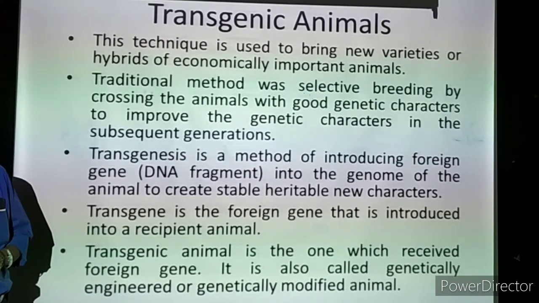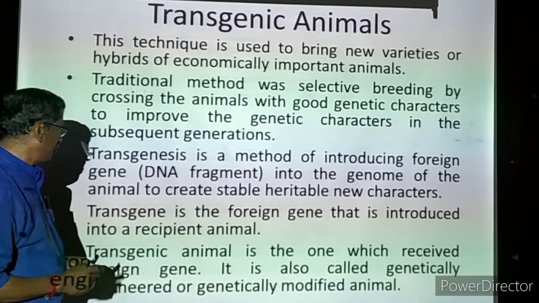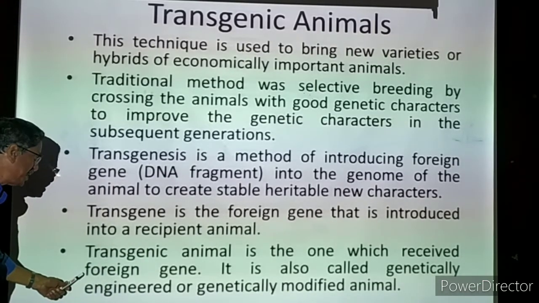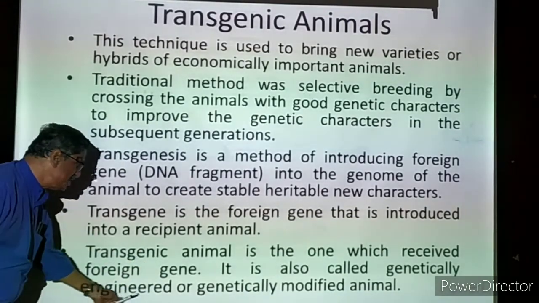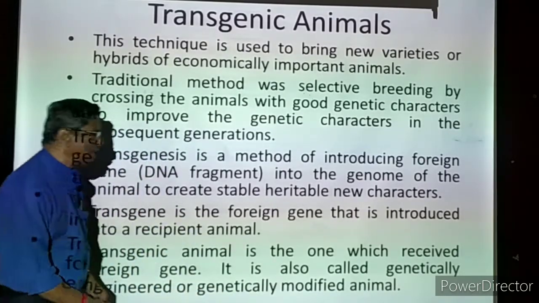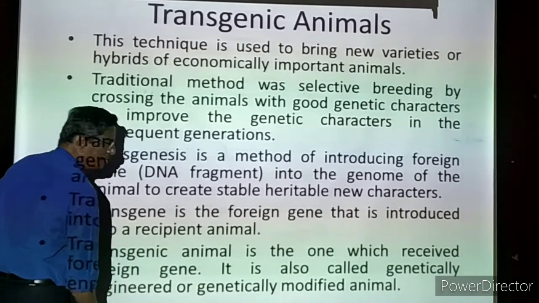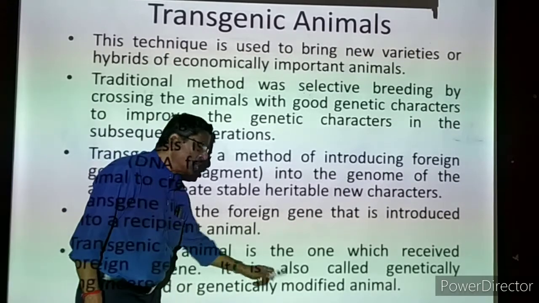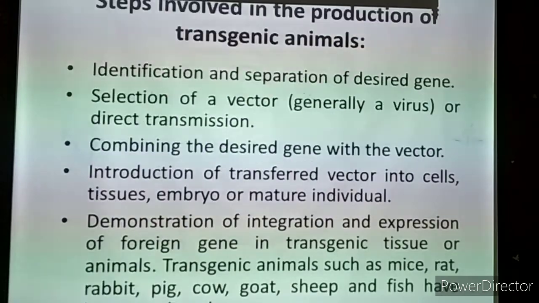The gene has come from an entirely different species of another animal. That is called a foreign gene. A transgenic animal is also called a genetically engineered or genetically modified animal, because the scientists and biotechnologists are doing this work, and it is genetically modified.